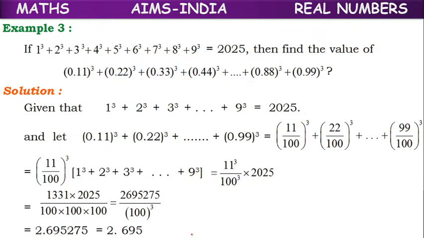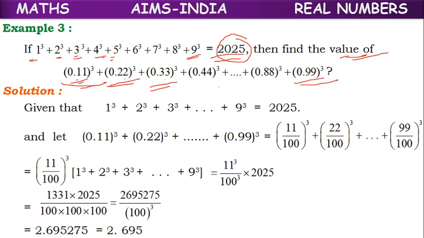So next. If 1 cube, 2 cube, 3 cube, 4 cube, 5 cube, like this up to 9 cube, equals 2025, then find the value of 0.11 cube, 0.22 cube, 0.33 cube, up to 0.99 cube.